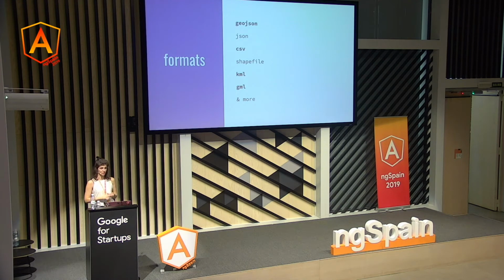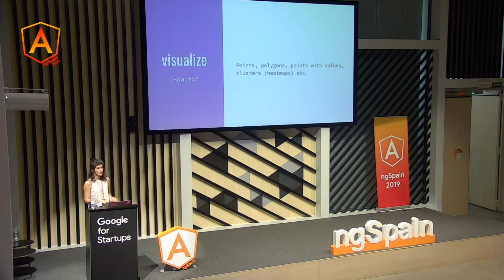So you can add any types of metadata there, and we're going to see that afterwards. You have JSON data, of course. You have CSV data, shape files, which are very popular, KML and GML, which Google Maps works very well with, and more.